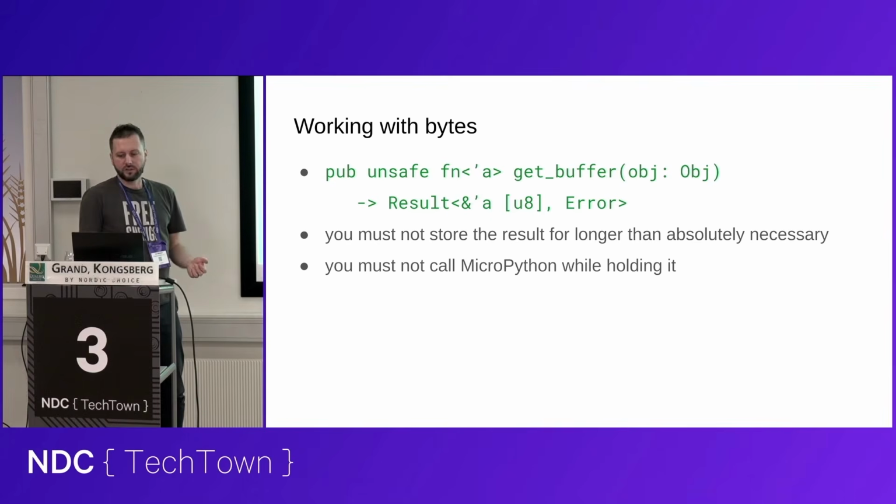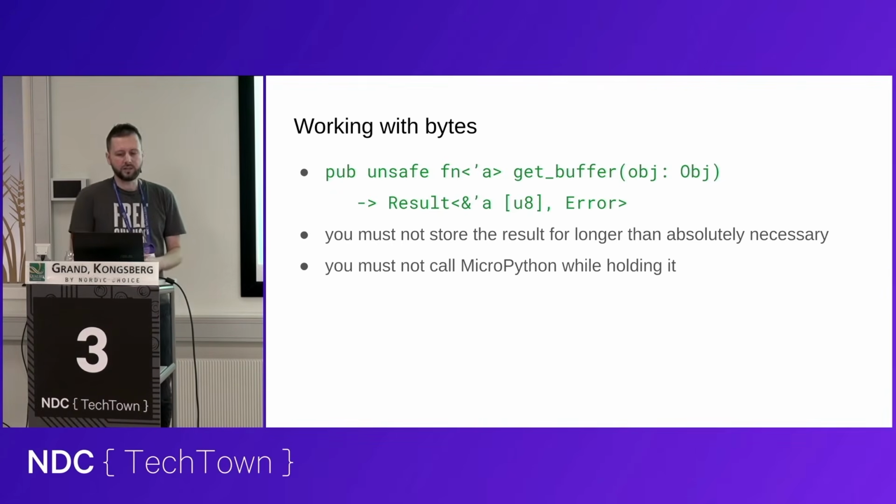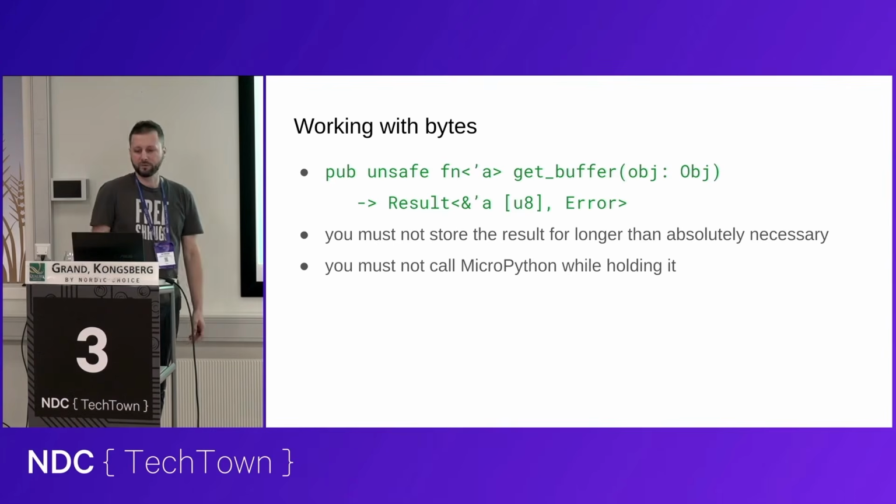Must not store the result longer than absolutely necessary. Ideally, you just grab the buffer, do something, and immediately release it. And you must be especially careful about not calling into MicroPython while you're holding it, because MicroPython can do anything to your reference. So this is not a great interface. We have an idea about fixing it, but it's going to take some amount of work.